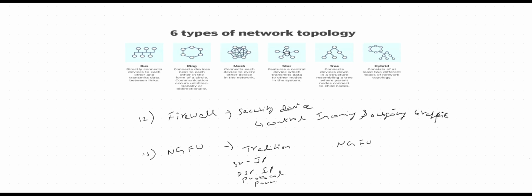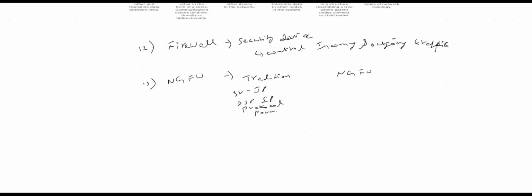But nowadays, viruses have emerged a lot, right? So in addition to that, the next generation firewall will have an antivirus profile, deep inspections, spyware and URL filtering.